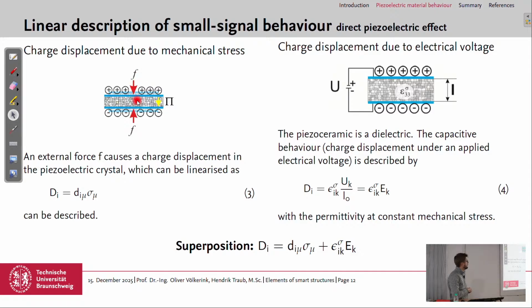So we have an external force acting on the piezoceramic, and then we have a charge displacement, and this can be described by charge displacement equals piezoelectric charge constant times the external stress. F divided by the area gives us the stress here, and this then leads to the electric displacement.